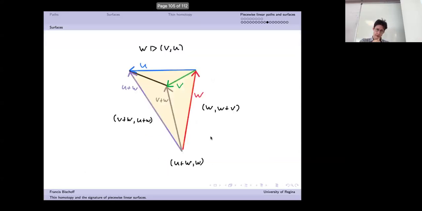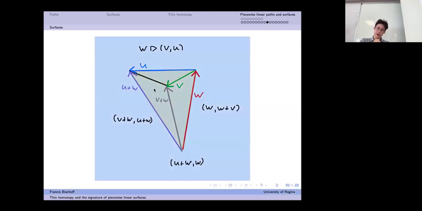Here's a picture of what's going on. So I have three vectors, now W, V, and U, and they sort of span a tetrahedron. So I have four sides of the tetrahedron. I have this side here that's basically made out of V and W plus V, this side here.